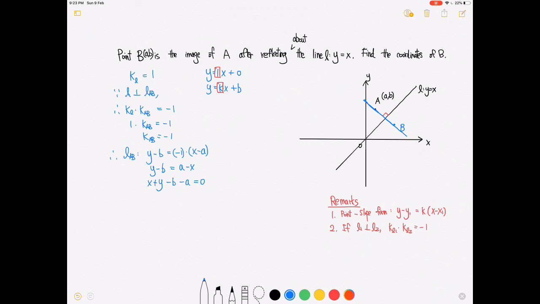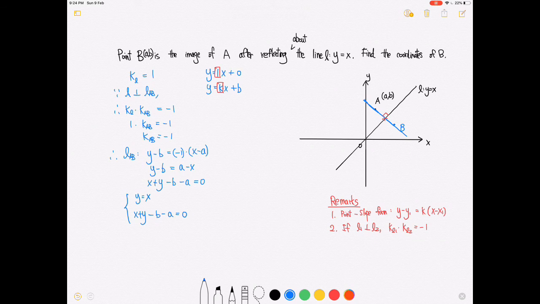So what should we do? We know the equation of L and the equation of this straight line AB. Then we can find the intersection point, right? So we combine these two equations. The first equation is y equals x. The second one is x plus y minus b minus a equals 0.